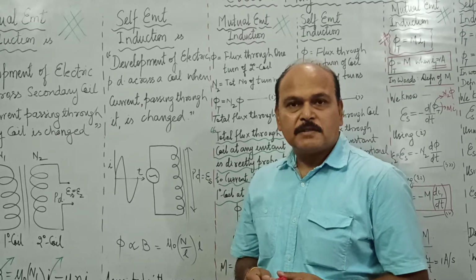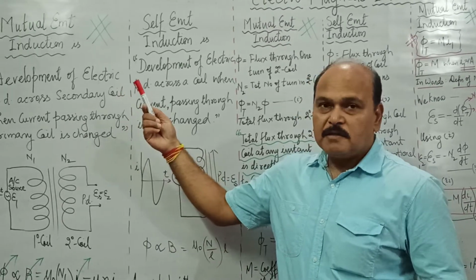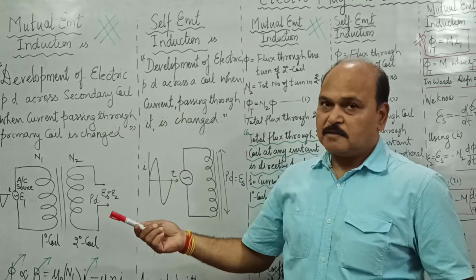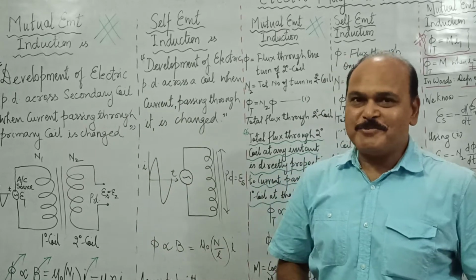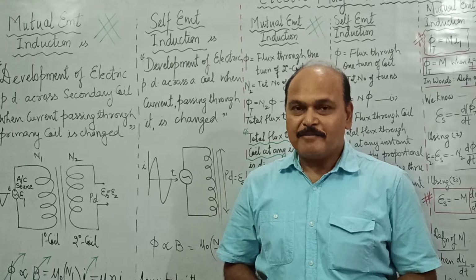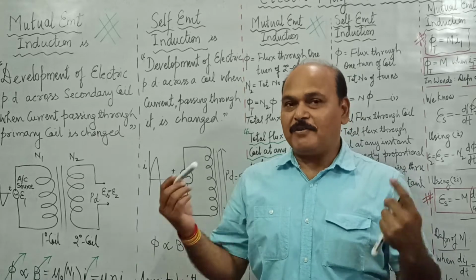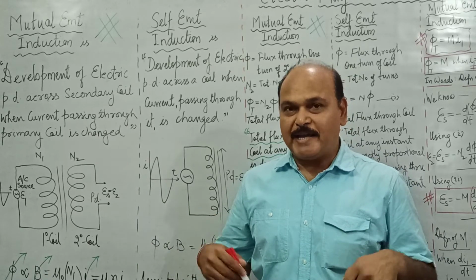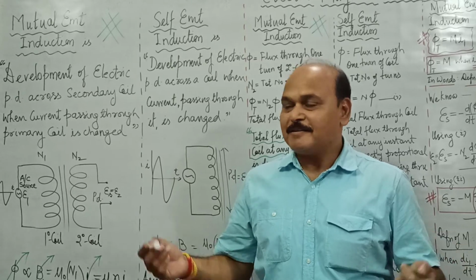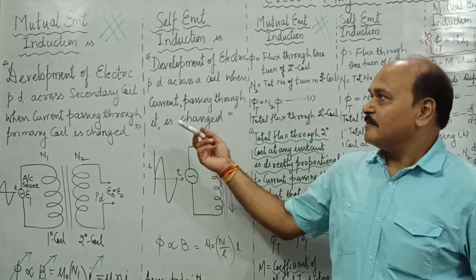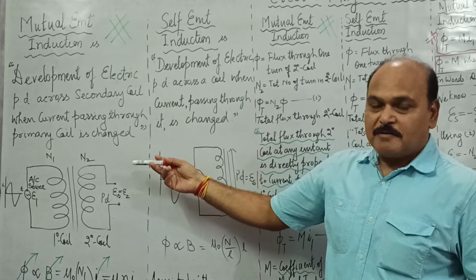So, children, we have already studied mutual electromagnetic induction. And if you really understood mutual electromagnetic induction, understanding self-electromagnetic induction is going to be a cakewalk. See how simple it is. Mutual electromagnetic induction is what?